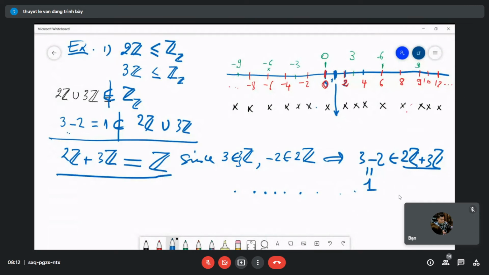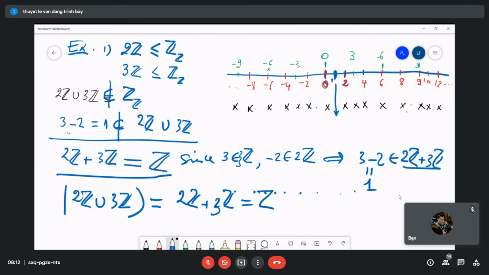So you can see that 2Z union 3Z, and then you take the generated submodule, that is equal to 2Z plus 3Z, and that is equal to Z. Okay, that is one example. You can see the numbers here, and it is very clear that the union is not a submodule.